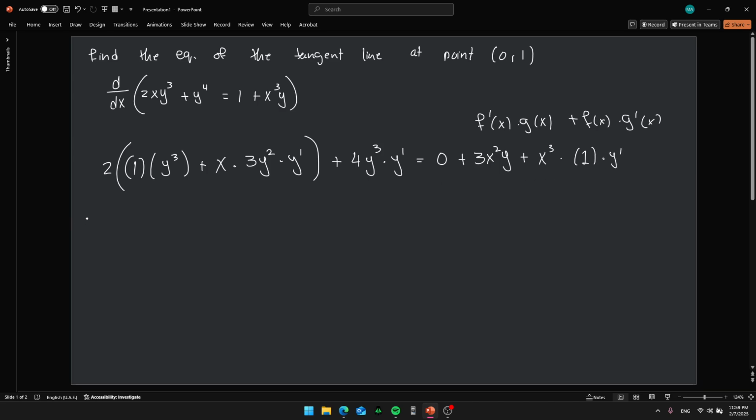Now let's simplify things. y to the power of 3 plus x, 3xy squared y prime. And let's distribute the 2 to save an extra step. 2 times 3 is 6, xy squared y prime.